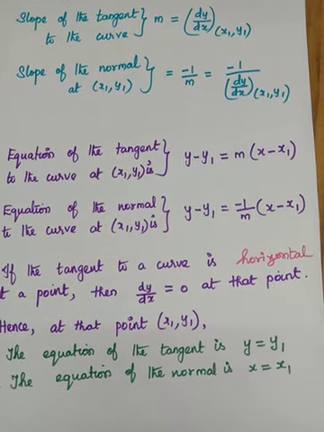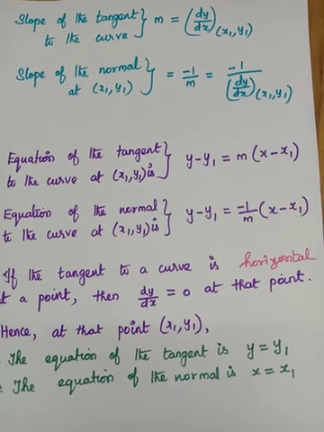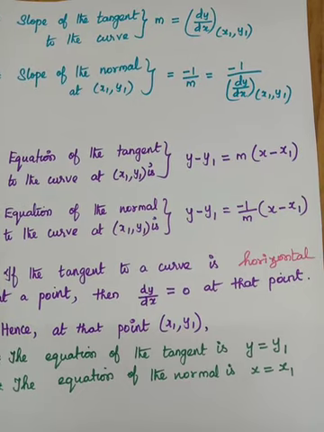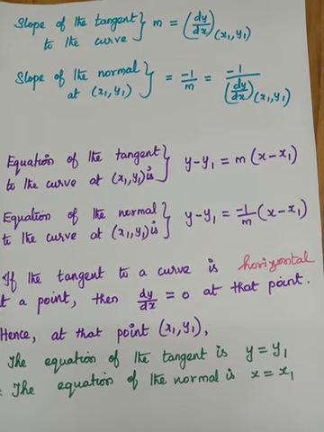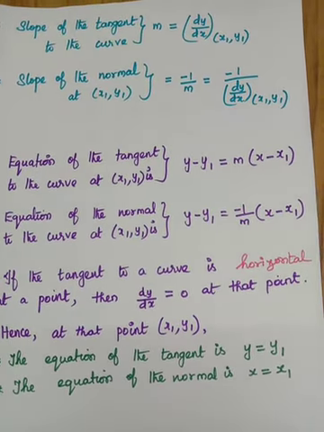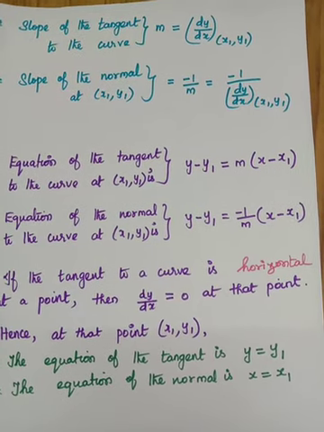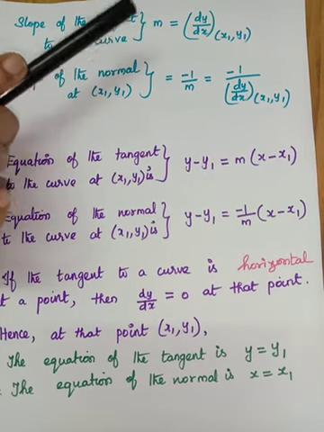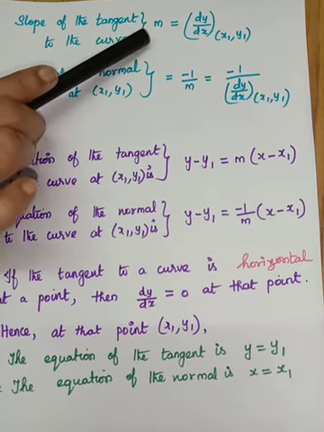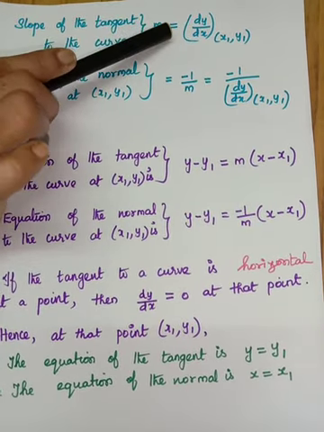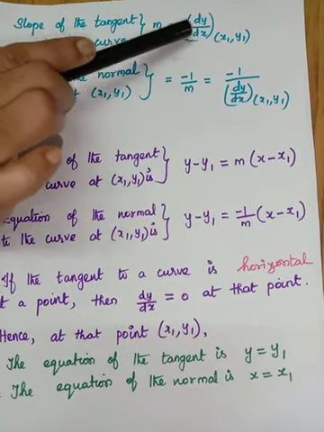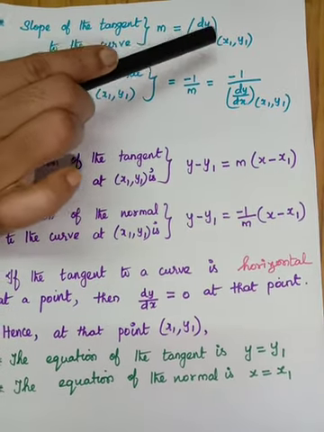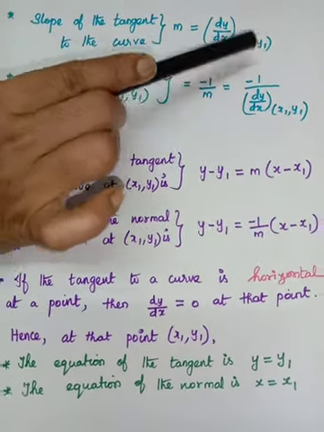In the previous video, we have seen the slope of any curve or slope of any line can be found using derivative. So, here m denotes the slope of the tangent to the curve. It can be found using derivative, that is dy by dx at x1, y1.